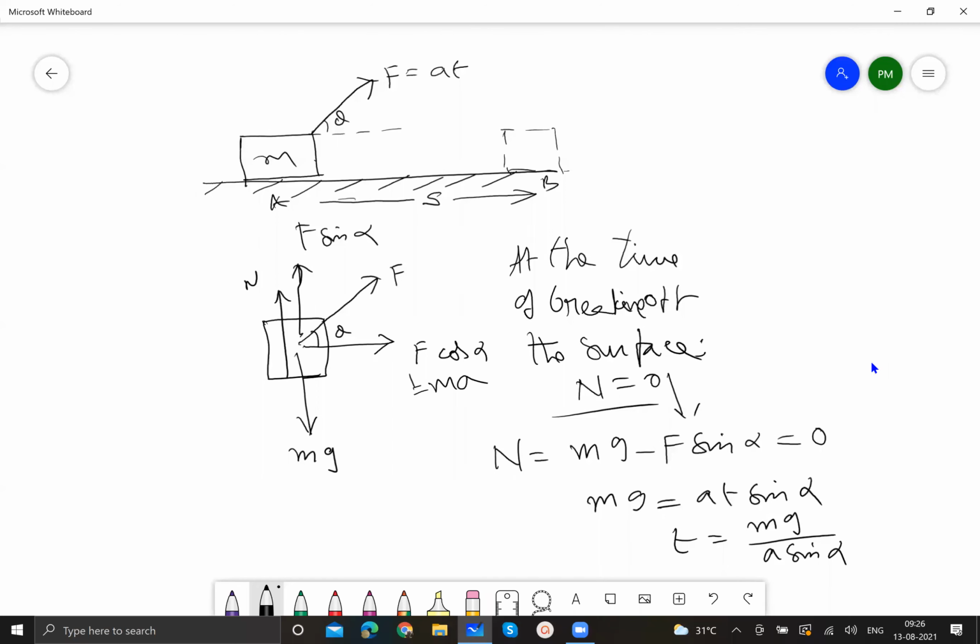Means I get M omega, I'll say omega, because already we are used to the symbol omega for acceleration. Already A is there in the problem. So M omega is equal to F cos alpha. So F is equal to AT. So it is AT cos alpha.